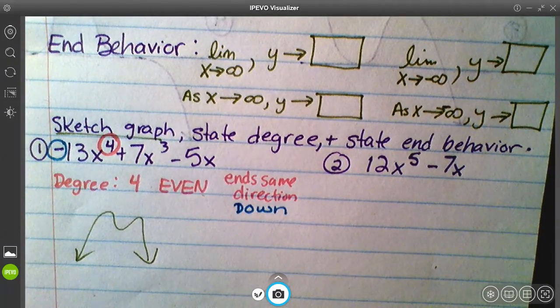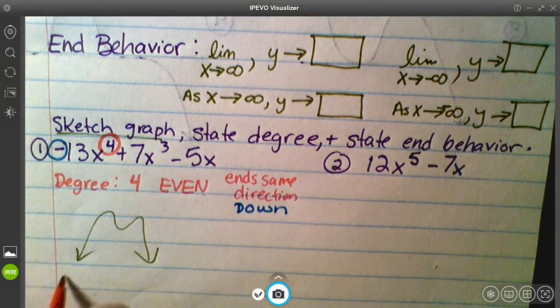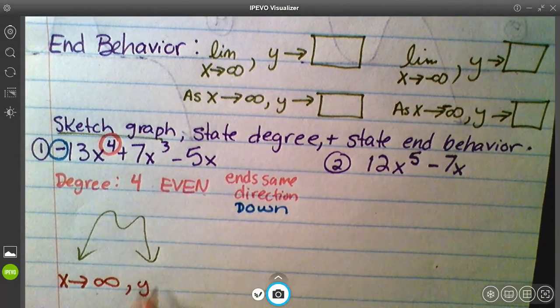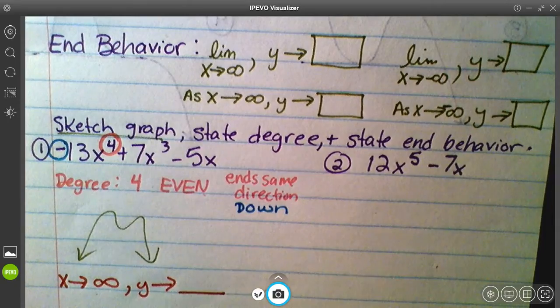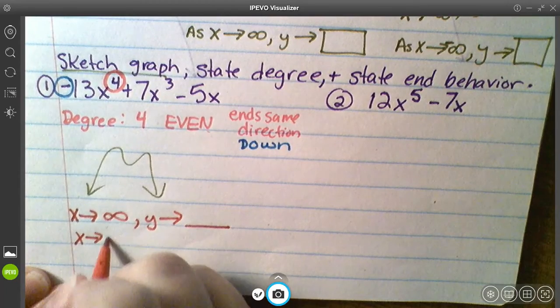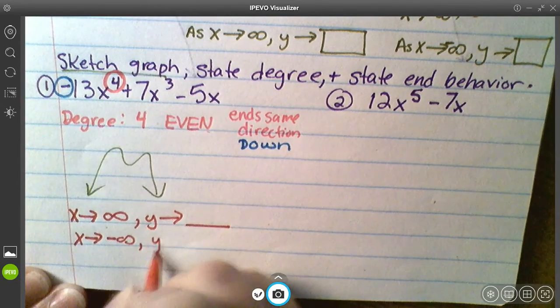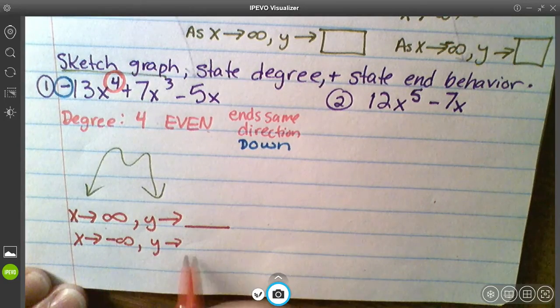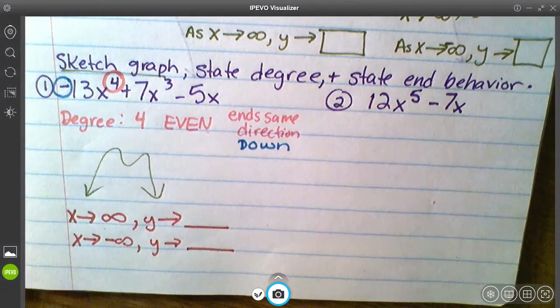And so now that I've done that, I can talk about the end behavior a lot easier. So as x goes in the positive direction, y goes in a certain direction, and as x goes in the negative direction. So remember, that's what we're focusing on. We're looking as x goes to the right and x goes to the left, and then we see what is y doing.